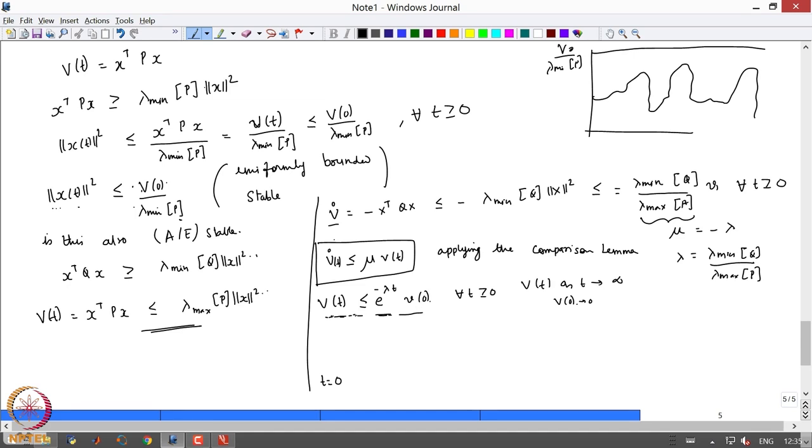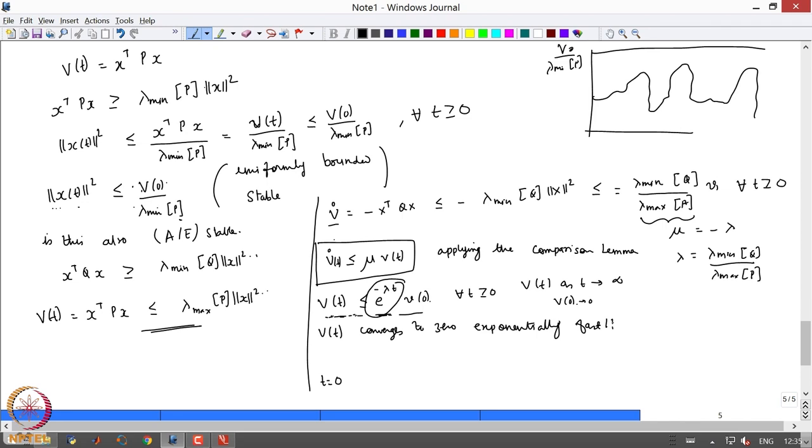And at what rate does it do so? This quantity here tells me that V of t converges to 0 exponentially fast, right.